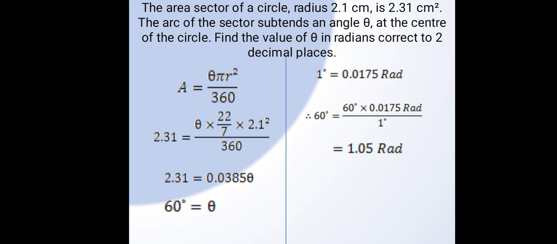So we have the area, and we know area is theta over 360 times pi r squared. Substituting the values we know, we remain with theta, and computing for theta, we get 60 degrees. Now we know 1 degree is equal to 0.0175 radians.